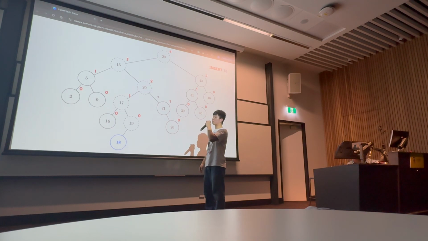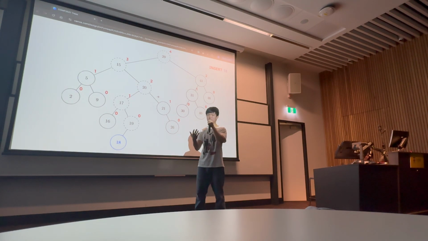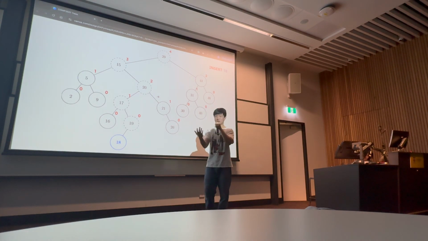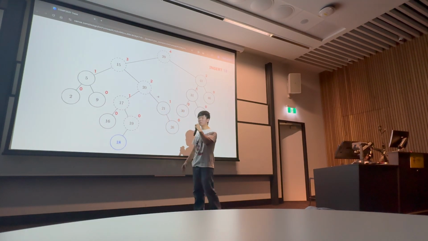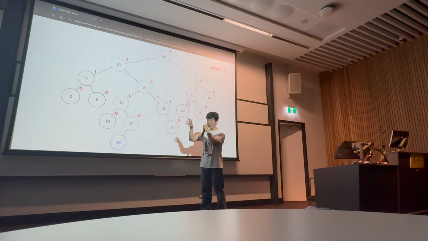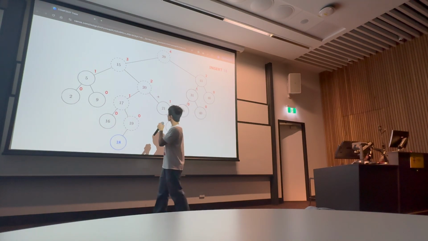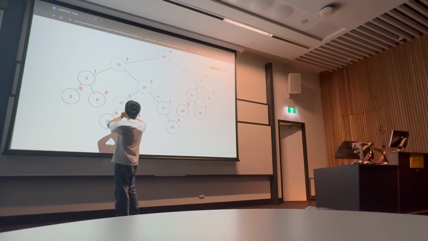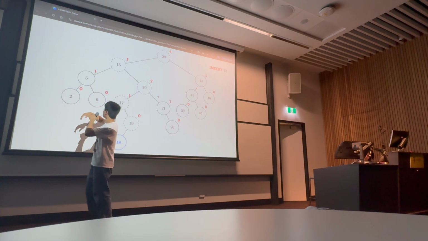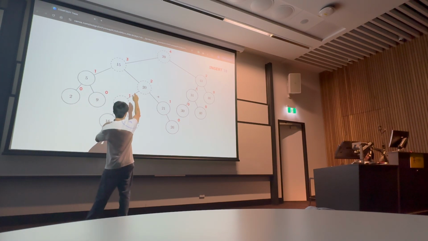But we can't just stop there. If you look at the implementation of identifying imbalances, we don't stop at the first node where we find the imbalance. We have to dig to the bottom and see the very origin of where this imbalance comes from. So we then go to 15 and check the imbalance. There is an imbalance there as well, because the height of the left subtree is 2, while the height of the right subtree is 1, 2, 3, 4, 4.